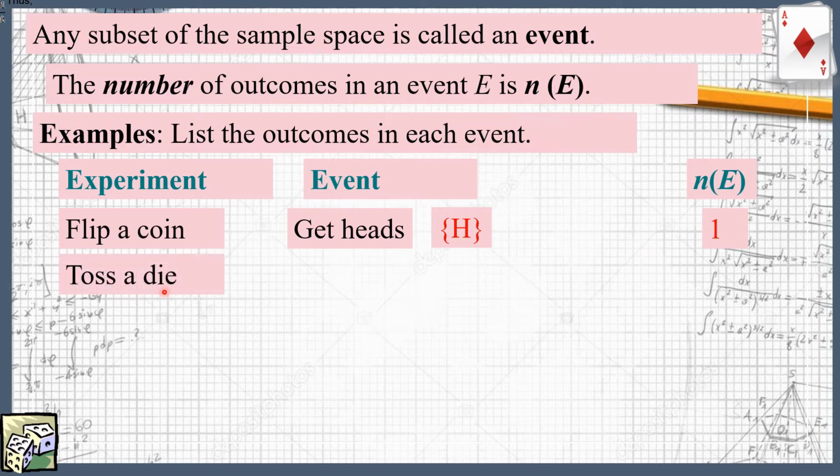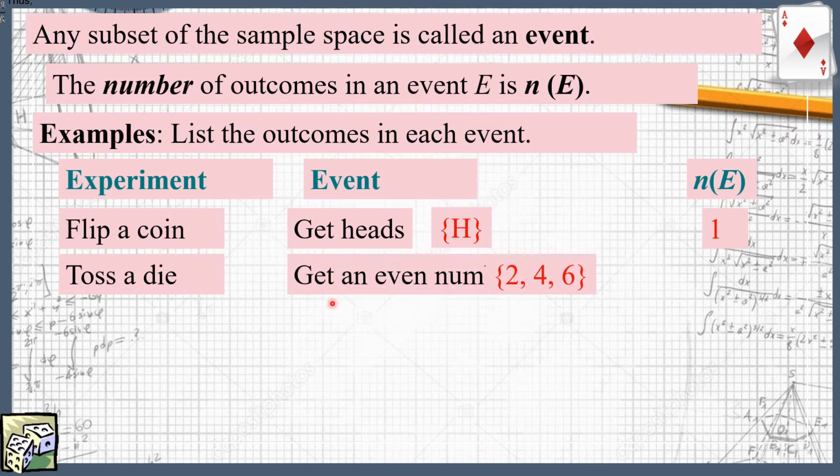Another experiment is tossing a die. So in a die, we need to get an even number. So, yung mga even number na pwede nating makuha sa die is 2, 4, and 6. So, since tatlo yung element ng ating event, it means yung cardinality niya or yung number of event is 3.